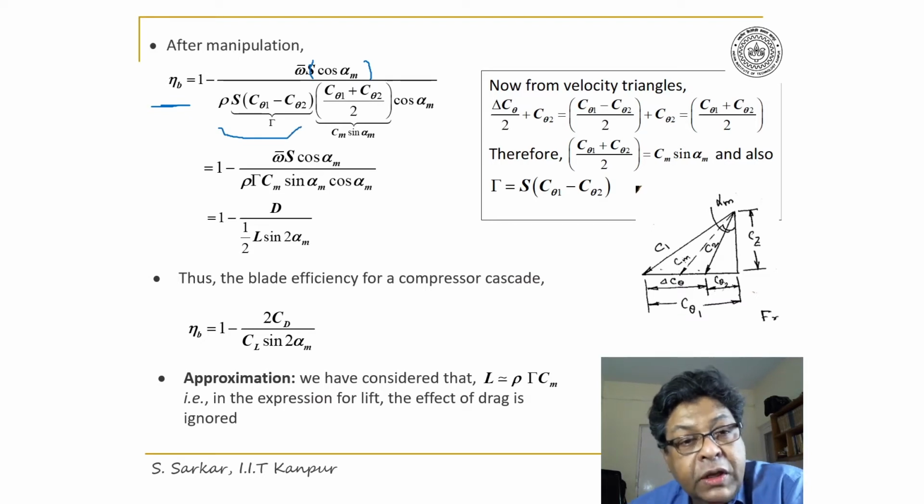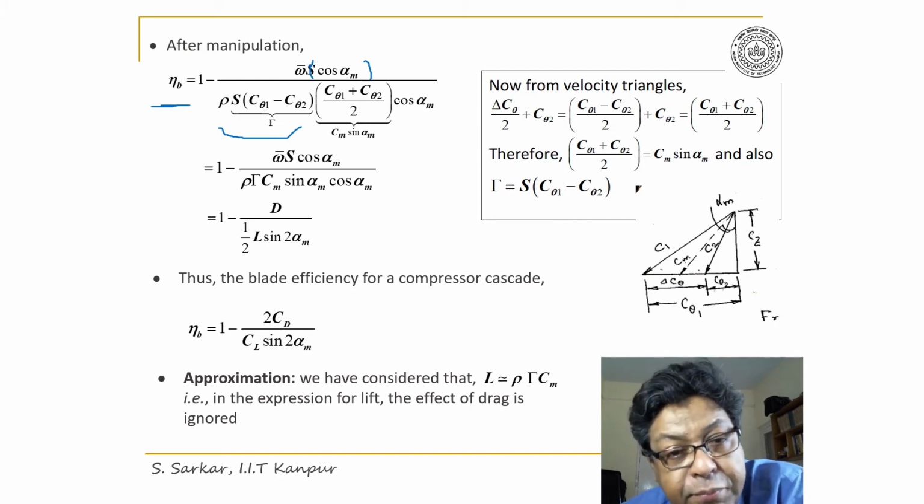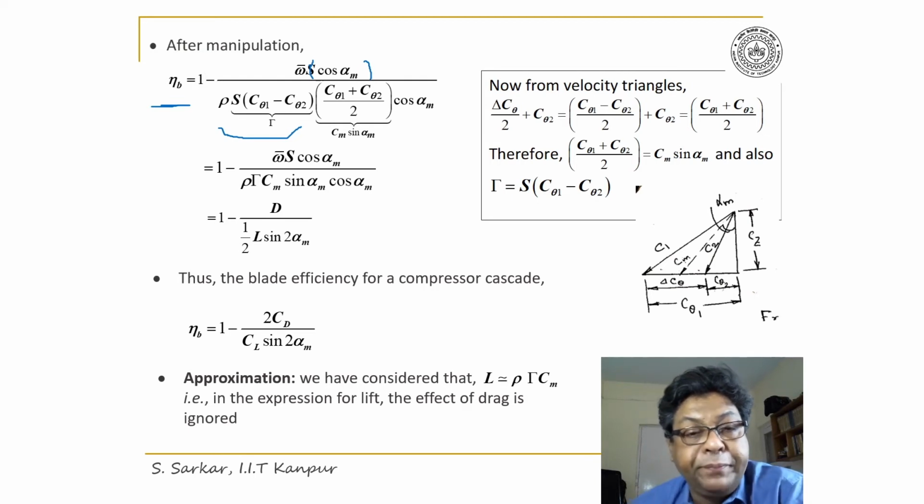Suppose rho s into C theta 1 minus C theta 2 I have grouped as one block, and the second block I have grouped as C theta 1 plus C theta 2 divided by 2 into cos alpha m.